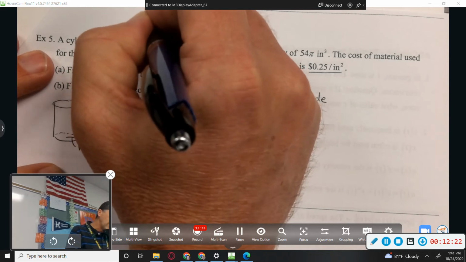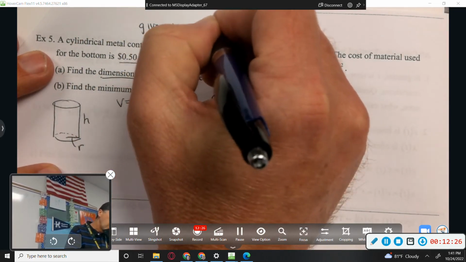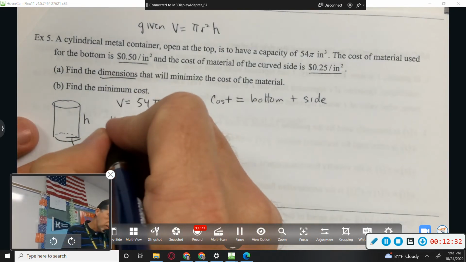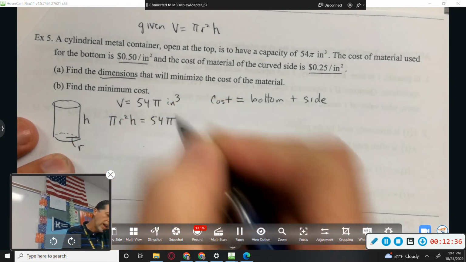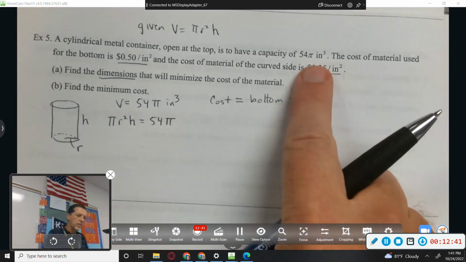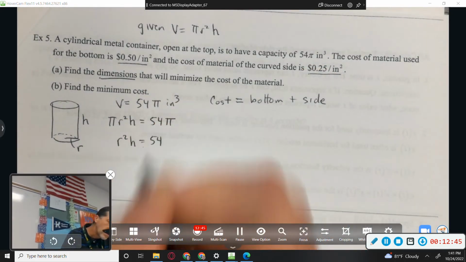You would be given its volume, pi r squared h. So pi r squared h equals 54 pi. And now I see why they stuck a pi in there, because at least that part goes away.